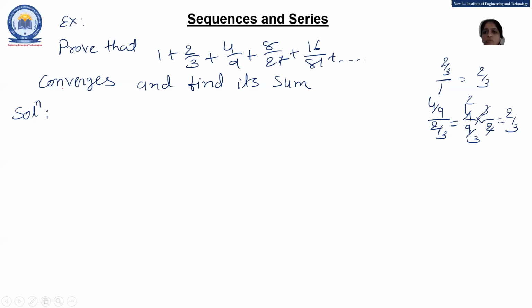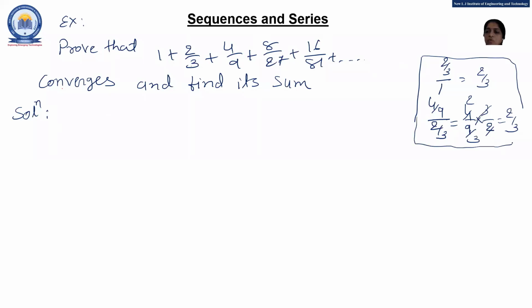So you have to check whether the ratio is equal or not. If for your given series the ratio between two consecutive terms is equal, then your given series is a geometric series. Okay, so here we have to check this in rough page.